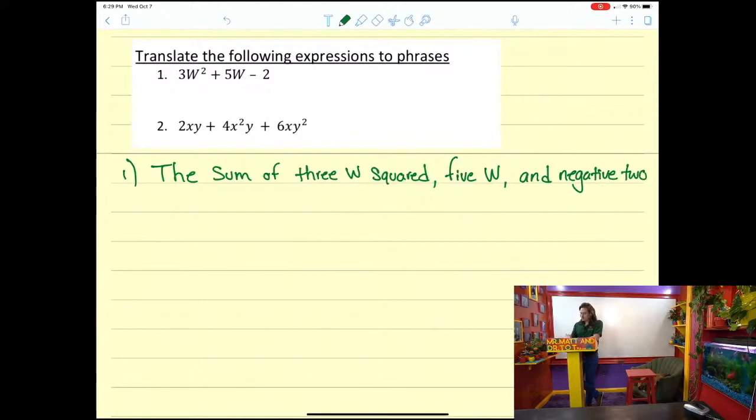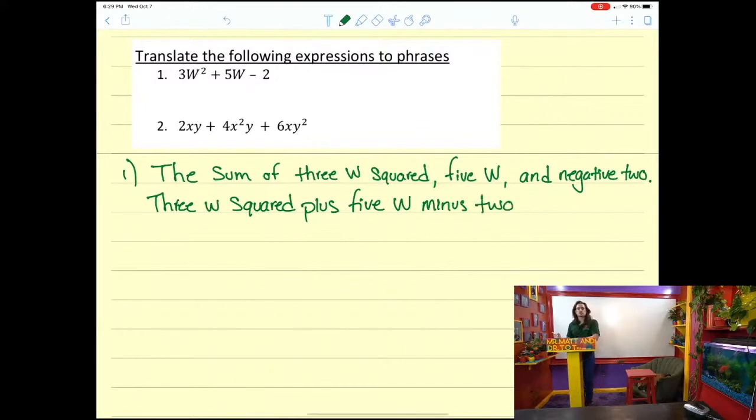You could also describe it as just 3w squared plus 5w minus, or you could say less, but minus 2. Those are both valid ways. There could be others as well. There's not one exact way to word this. It's a little bit subjective.